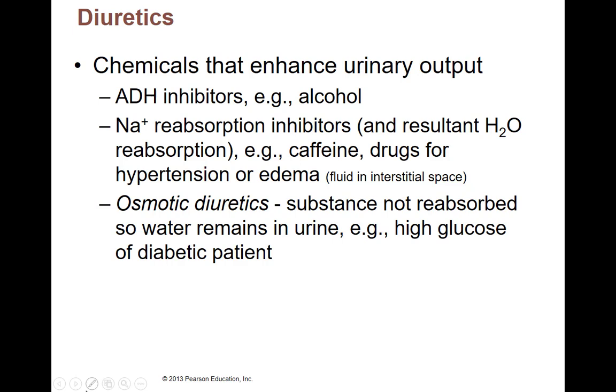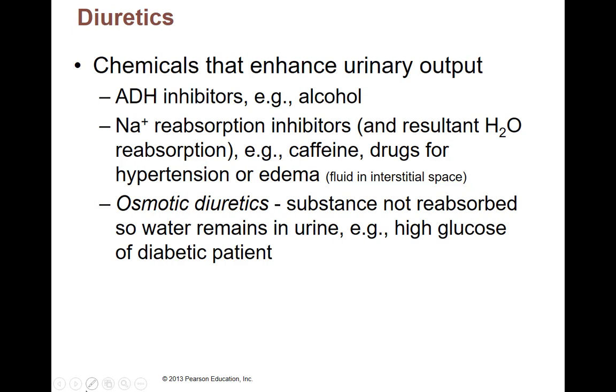Now, osmotic diuretics. These are just substances that are not reabsorbed. So water remains in the urine. An example of an osmotic diuretic, which I briefly talked about last time too, is if you have high glucose in a diabetic patient.